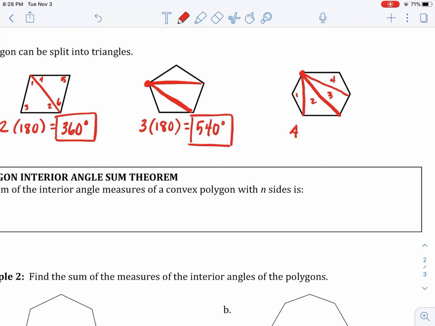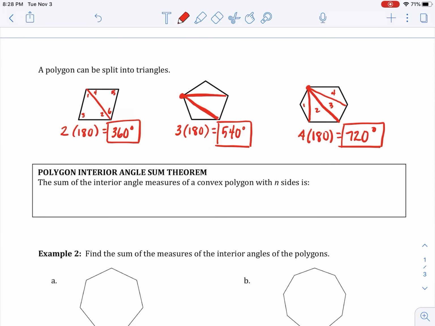And so we have 4 triangles times 180 degrees equals, if we do that math, 720 degrees. All right? So every hexagon will have a total of 720 degrees if you added up all its interior angles.